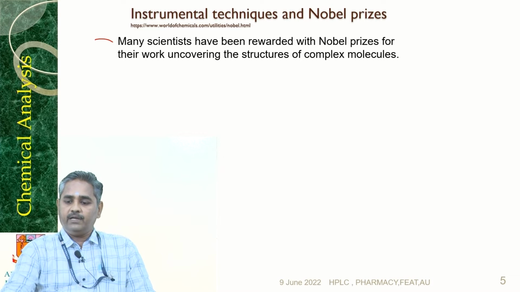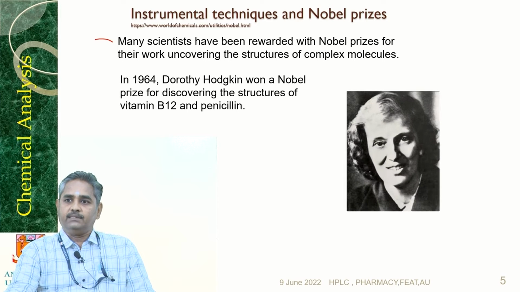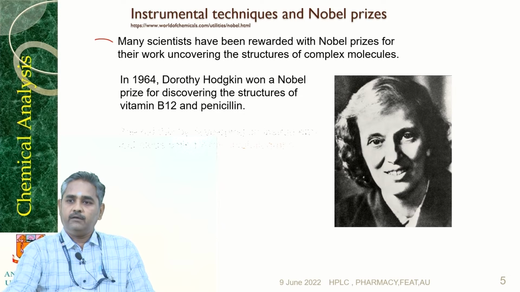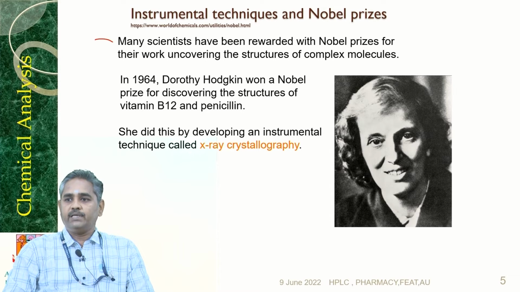Many scientists have been rewarded with Nobel Prizes. In 1964, Dorothy Hodgkin won the Nobel Prize for discovering the structure of vitamin B12 and penicillin. She did this by using the instrumental technique called X-ray crystallography. Why I am giving this example is that a lot of Nobel Prizes have been won by scientists using instrumental techniques for the analysis of biological samples.